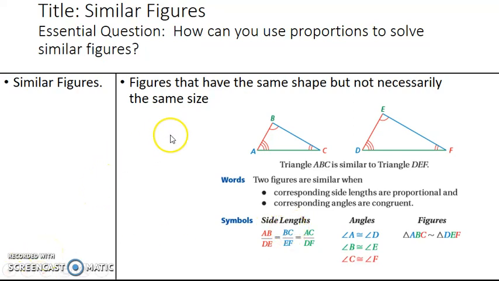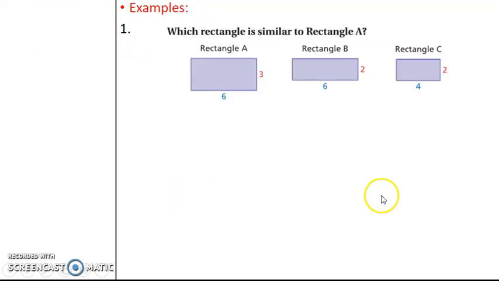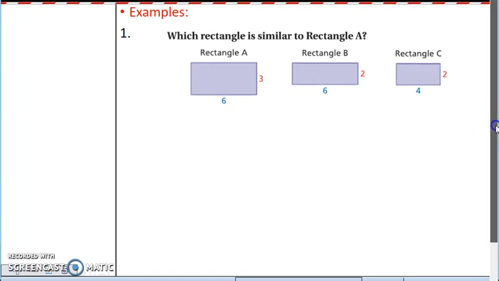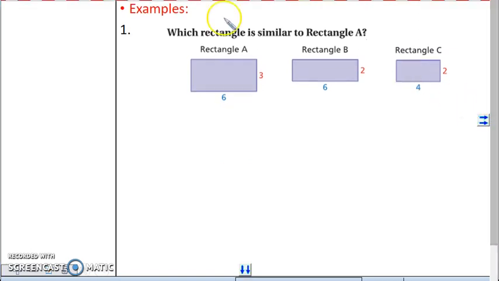Alright, let's start jumping into our examples. And remember, this means equal, congruent specifically, because we're talking about a shape, and this means similar. Example 1. Which rectangle is similar to rectangle A? What are the requirements for two shapes to be similar?